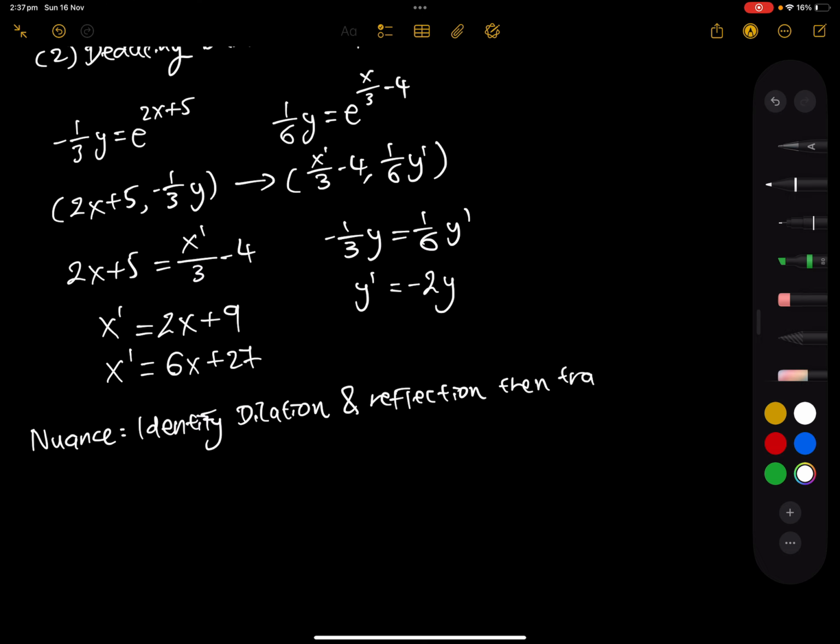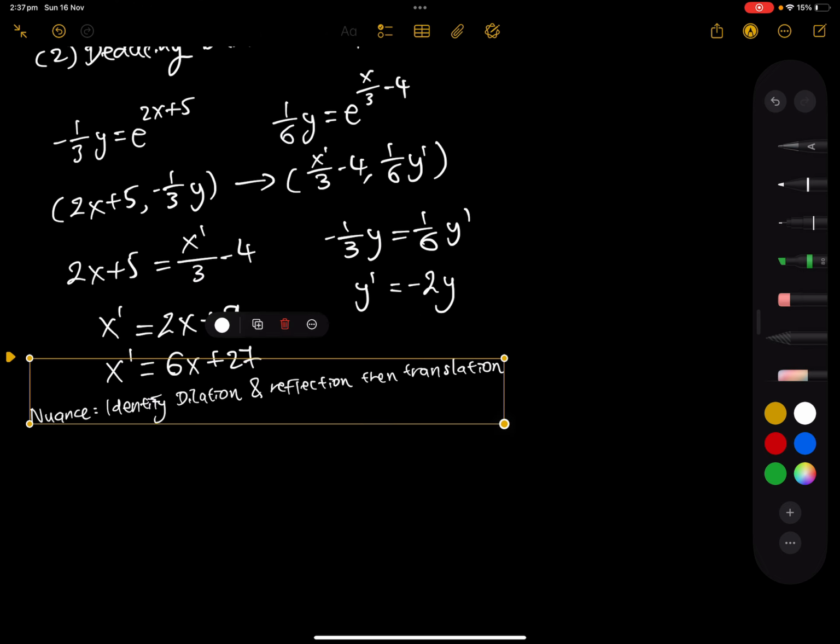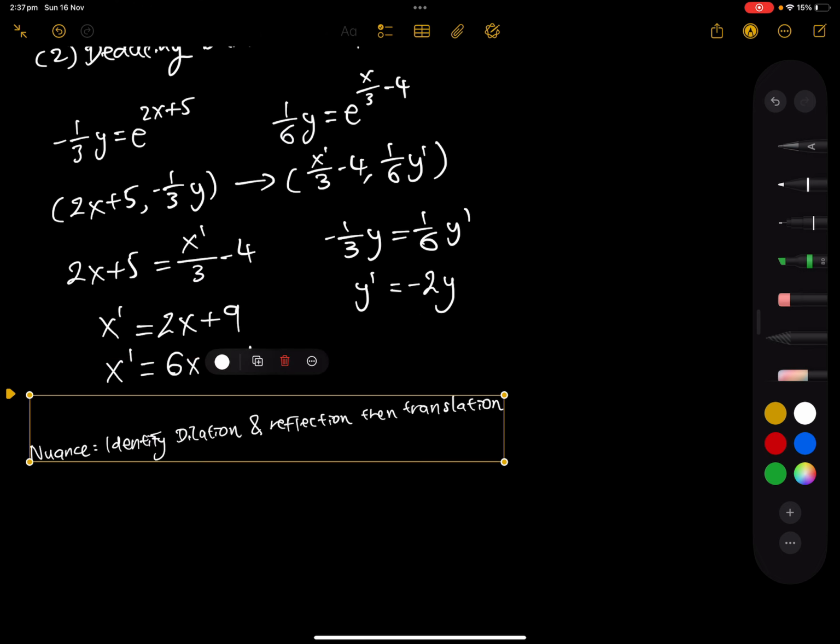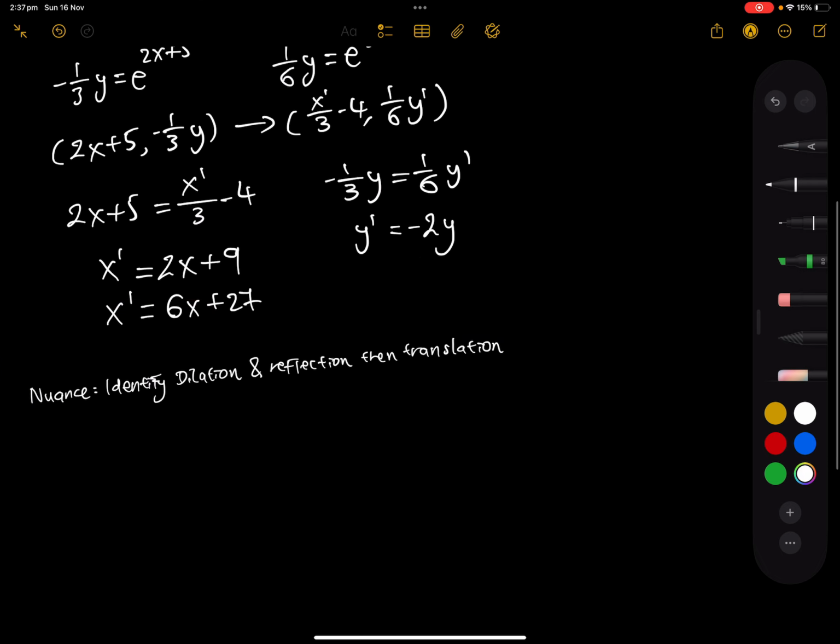So make sure you identify your dilation and reflection first before identifying your translation. So, nuance: identify dilation and reflection, and then translation.